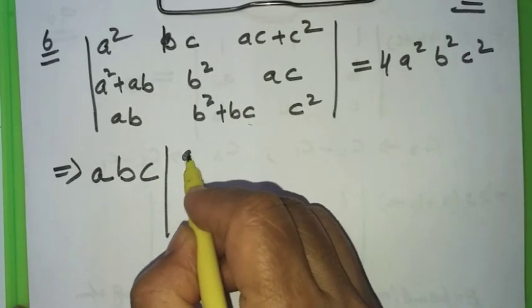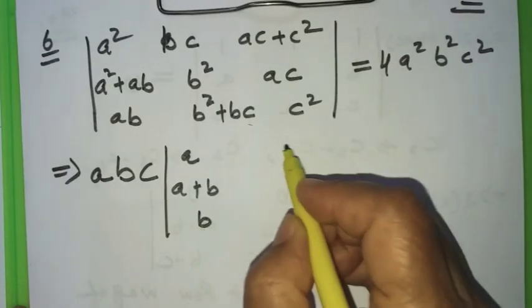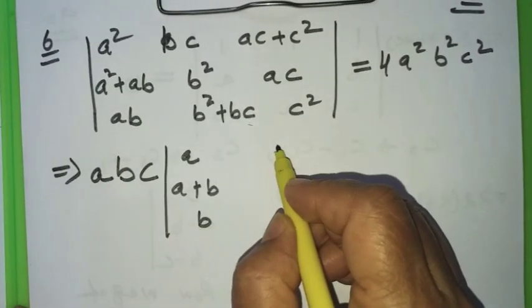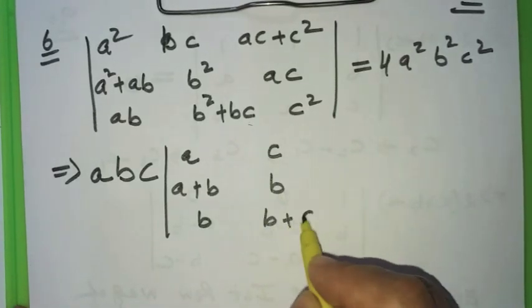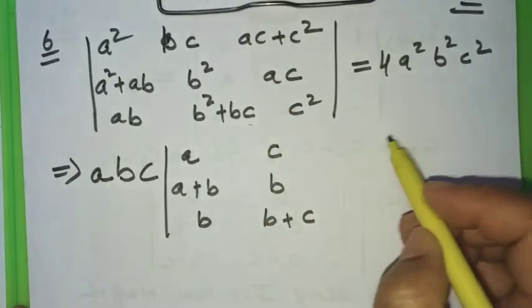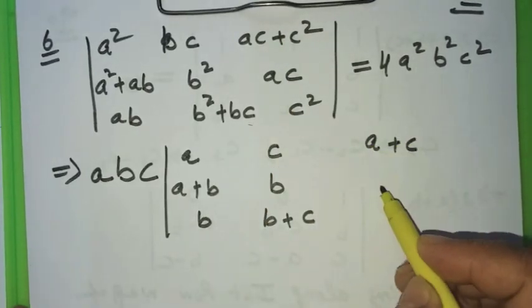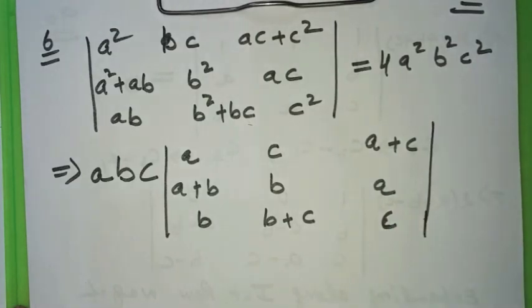So this becomes a plus b, b, and the second column becomes, since I am taking b common, c, b, b plus c, and the third column becomes, since I am taking c common, a plus c, a, c. So I am left with this determinant.